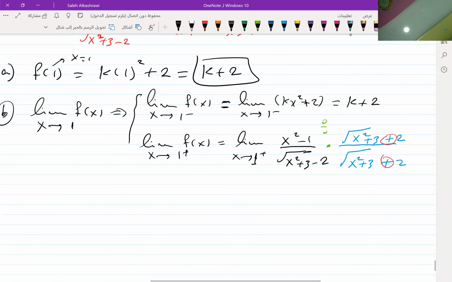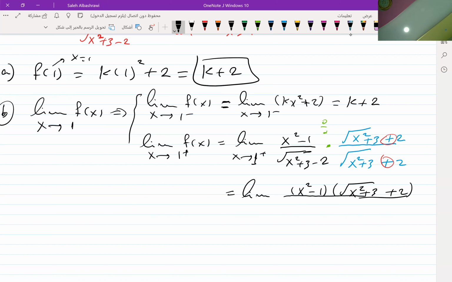So this is equal to the limit of x squared minus 1 multiplied by square root of x squared plus 3 plus 2, this is the numerator, divided by down. It is a plus b times a minus b, so I will write it as the difference between two squares.